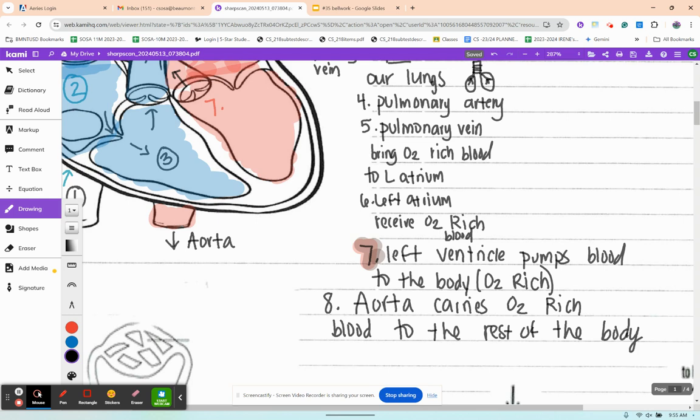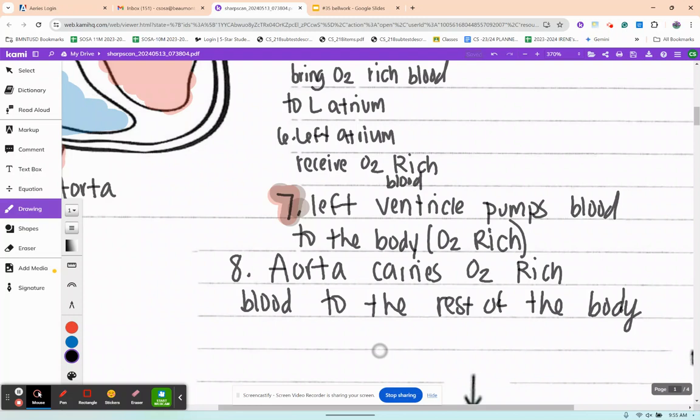Raise your hand if you need time to write that number 8, that the aorta carries oxygen-rich blood to the rest of the body.